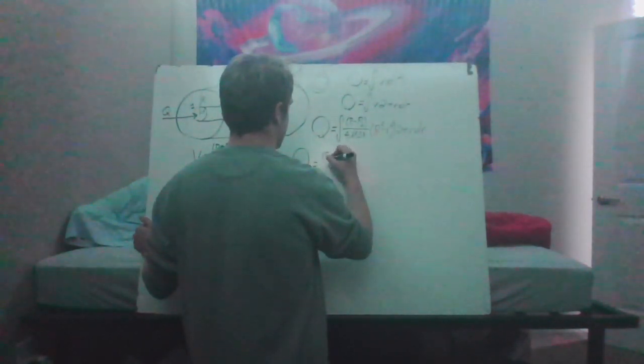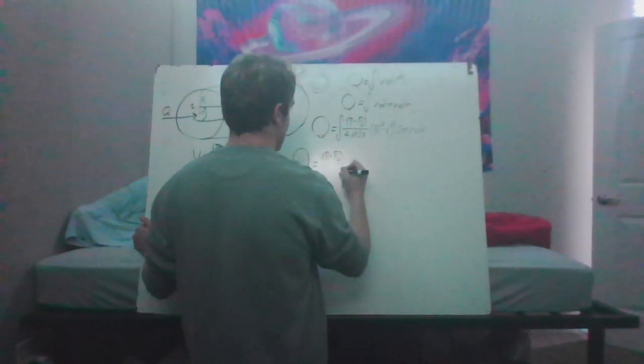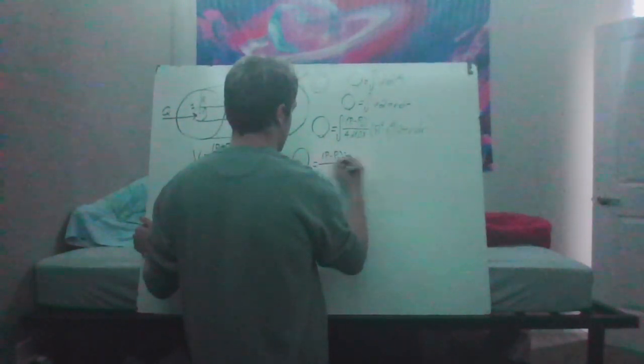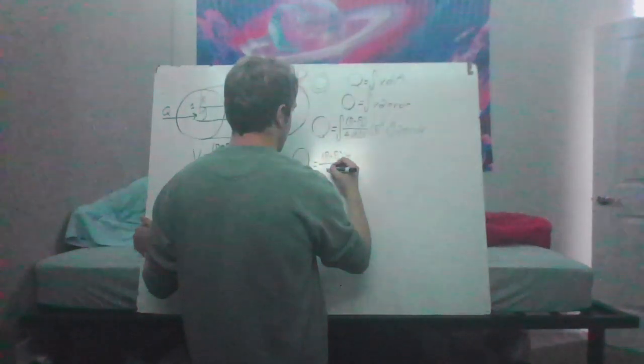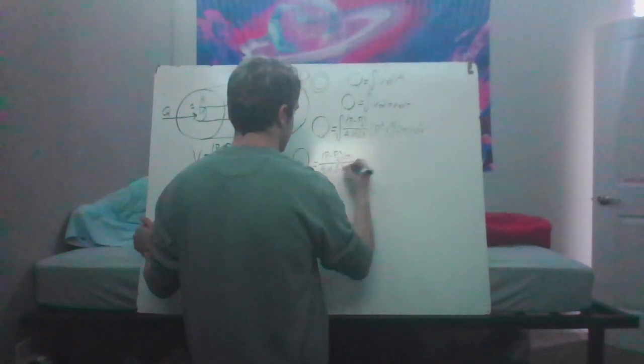So our P1 minus P2 and our 2 pi over 4 mu delta x.